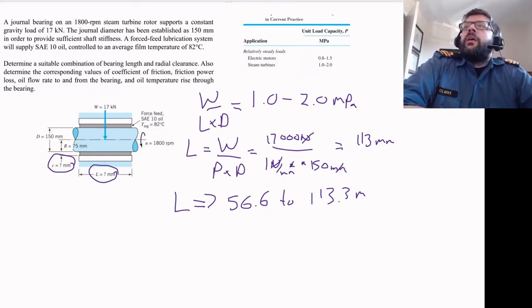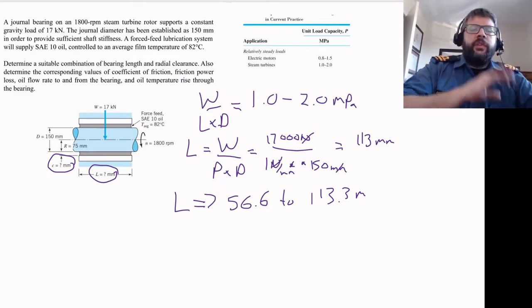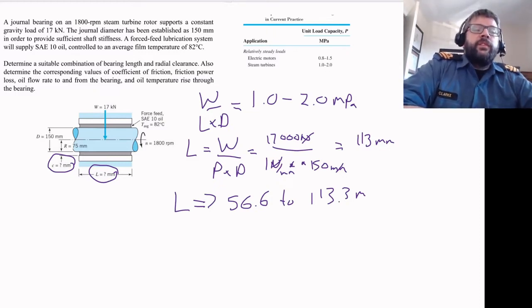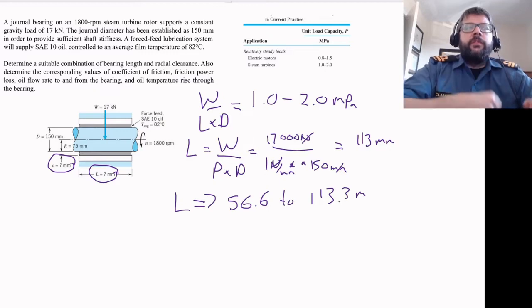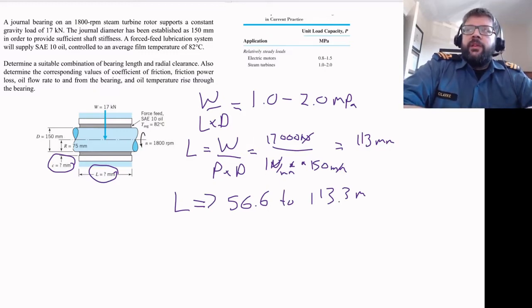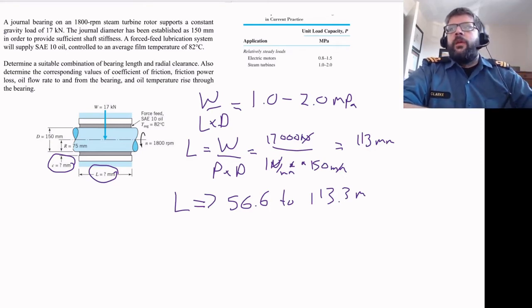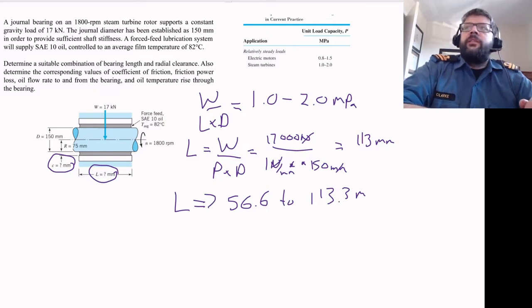Now, obviously, we're probably going to want to be using a relatively even number, something that's fairly easily obtainable. So we're typically going to want a reasonably round length to diameter ratio. If we pick a 75 millimeter long bearing, that'll give us a length to diameter ratio of 1/2.